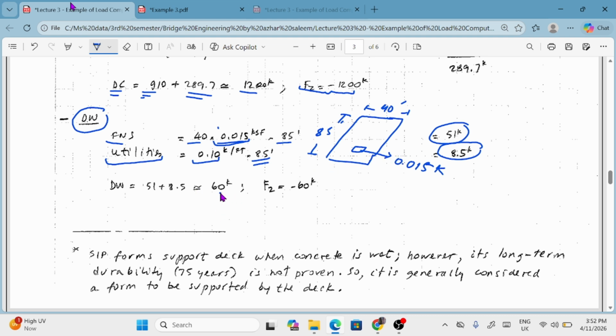So the total load from the dead load of wearing is 60 kip, and the reaction from the pier base will be negative 60 kip.